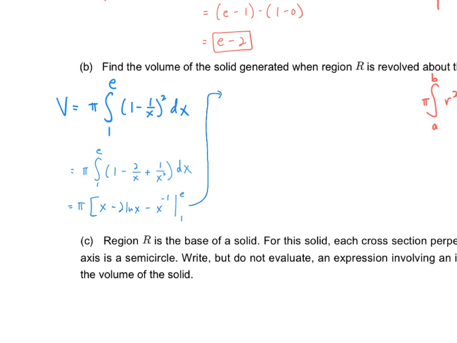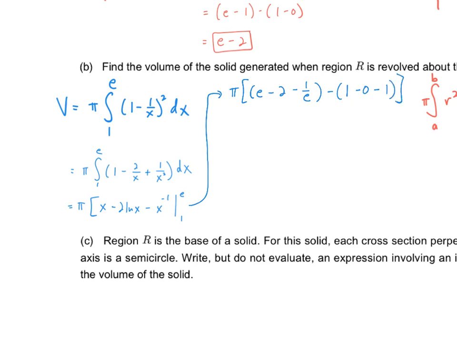Okay, so plug in e. ln of e is 1, so that'll just be minus 2. This will be minus 1 over e. Now I'll plug in 1. ln 1 is 0, so this will just be minus 0 minus 1.